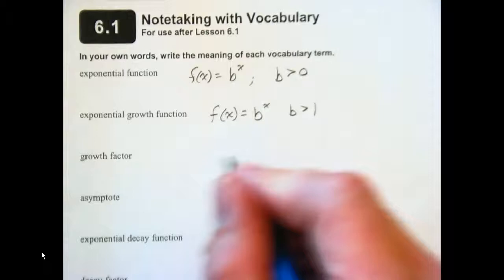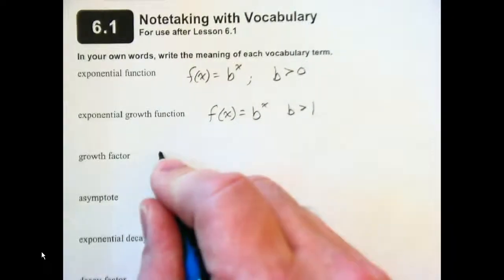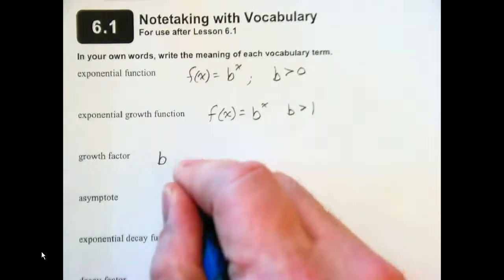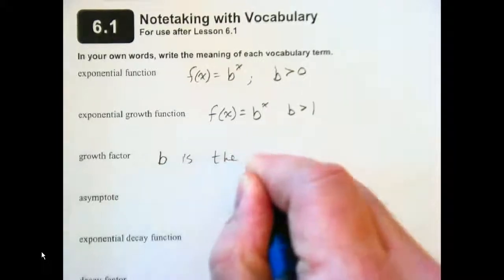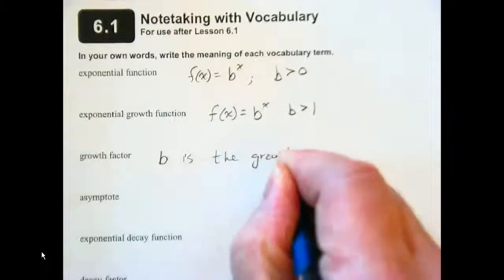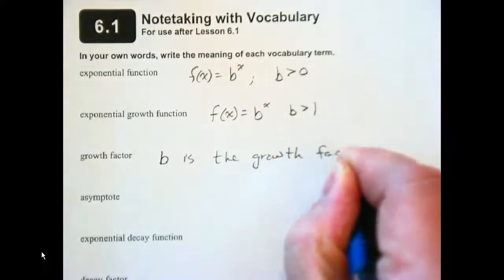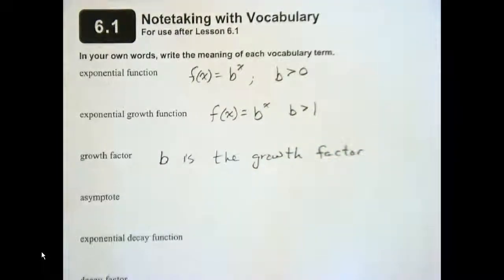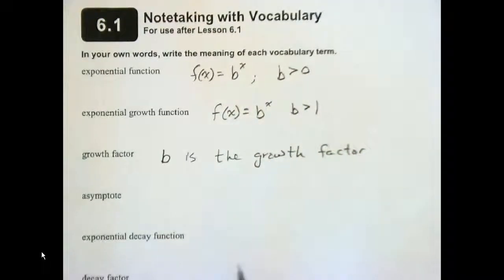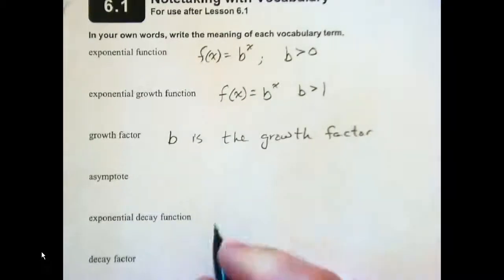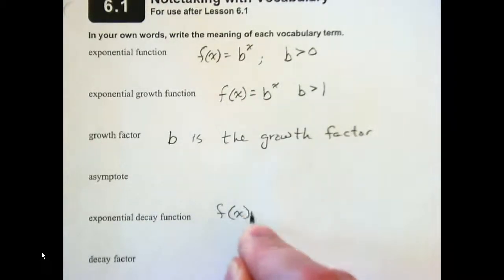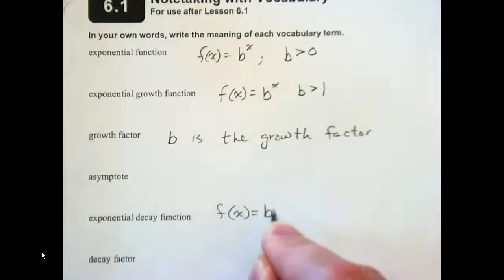And then a growth factor. Remember, b is our growth factor. It's also our decay factor. So if we go down to exponential decay function, that's f of x is equal to b to the power of x.